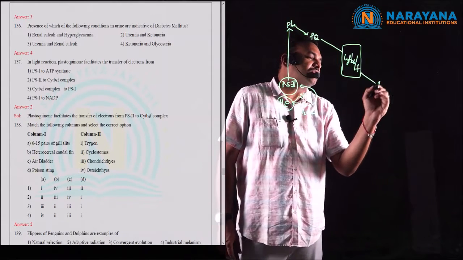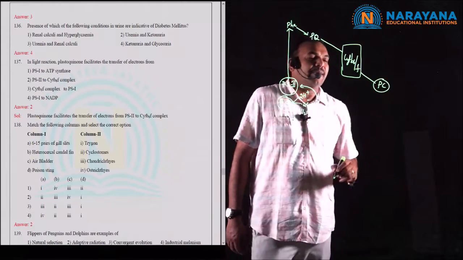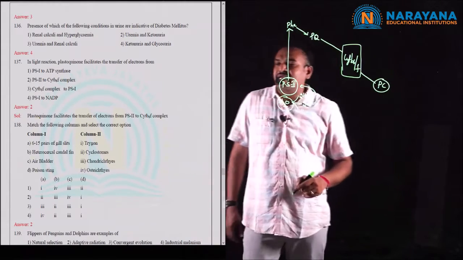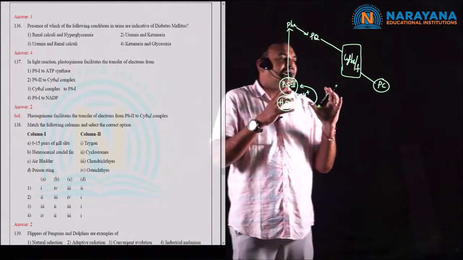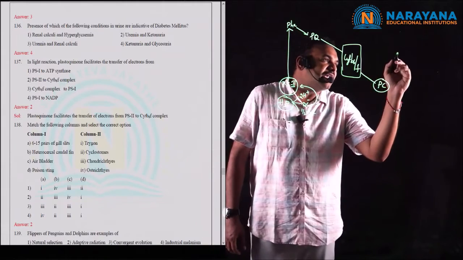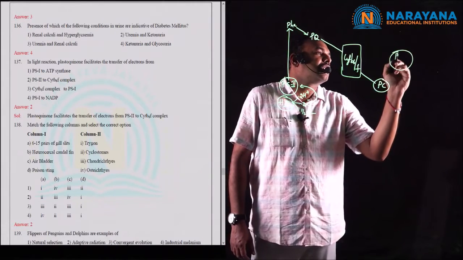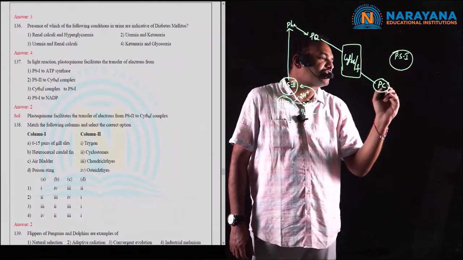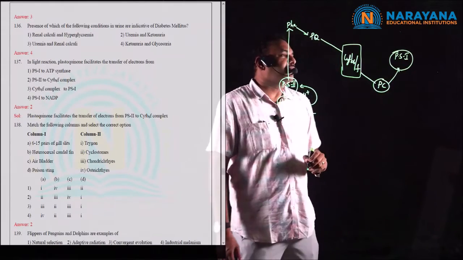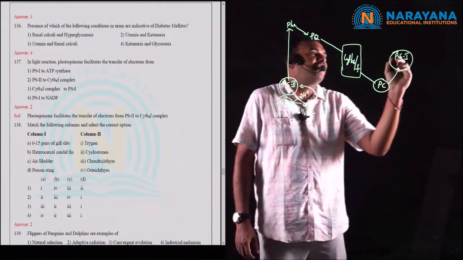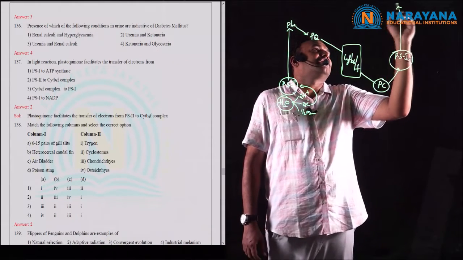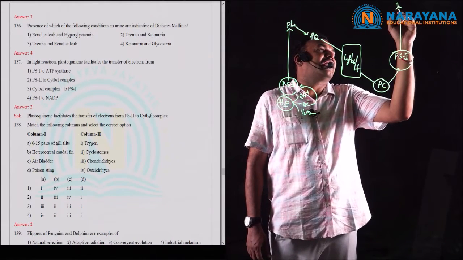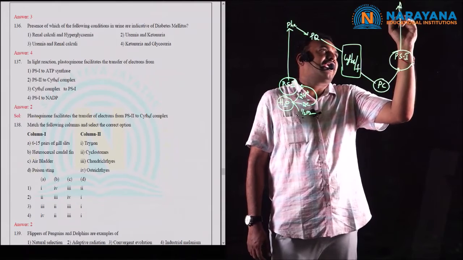From that, these are transferred to the next electron carrier, a mobile, copper containing electron carrier, that is plastocyanin, and that donates electrons, so the electron deficiency in photosystem 1 is fulfilled by plastocyanin. From that, electrons are excited. Those are received by the primary electron acceptor A0.